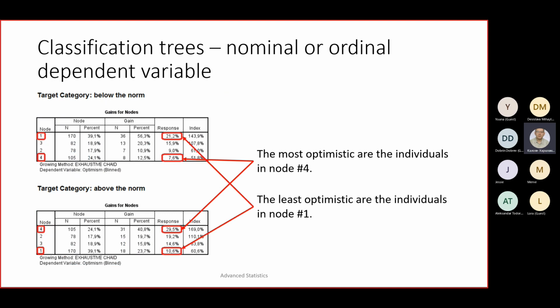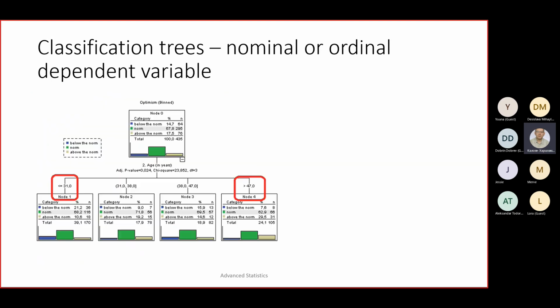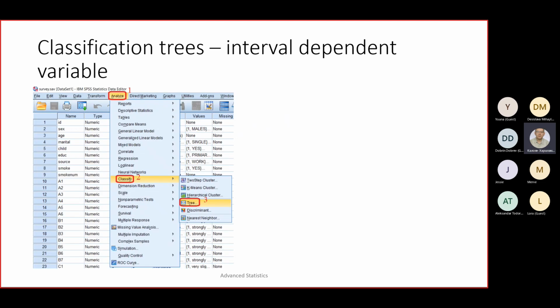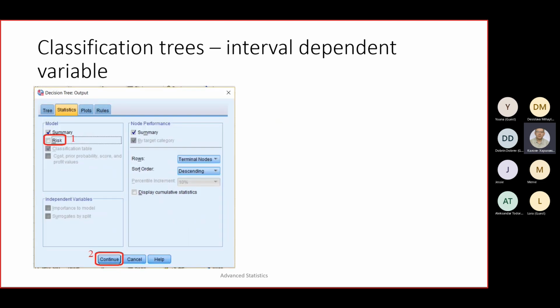The most optimistic and the least optimistic. Node number 1, node number 4, and with interval dependent variable.